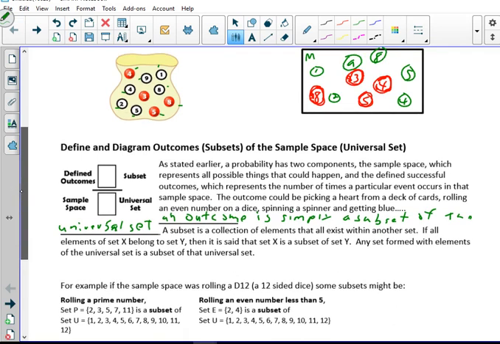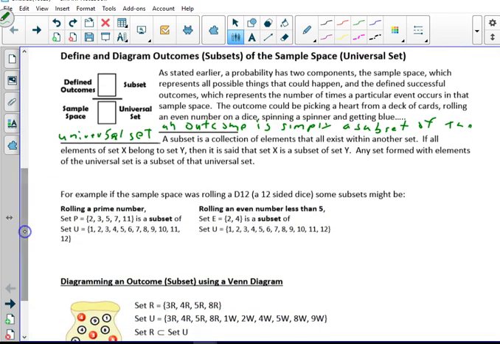So a subset, sub meaning under, is a collection of elements that exist within another set. So if all elements of X are in Y, then this set X is a subset of Y.